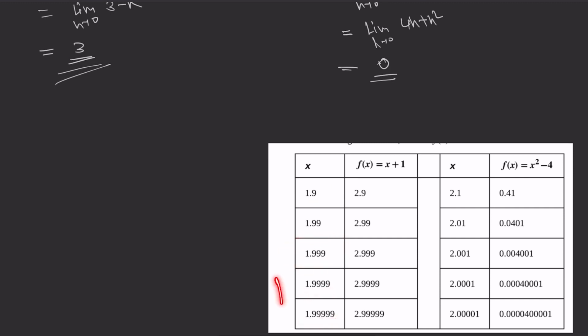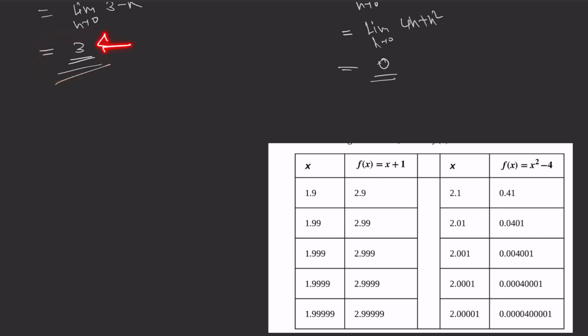So here I am going towards 2, as the 9s keep increasing, I go to 2. The values of the function at 1.9 is this, at 1.99 is this. So here you can see that we are going towards 3, and we also got 3 from the LHL part.